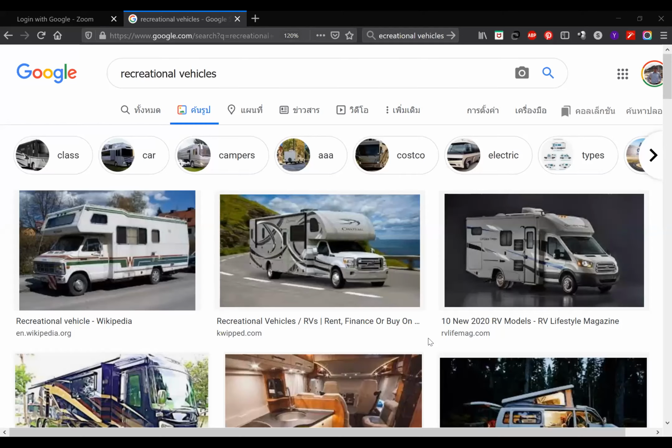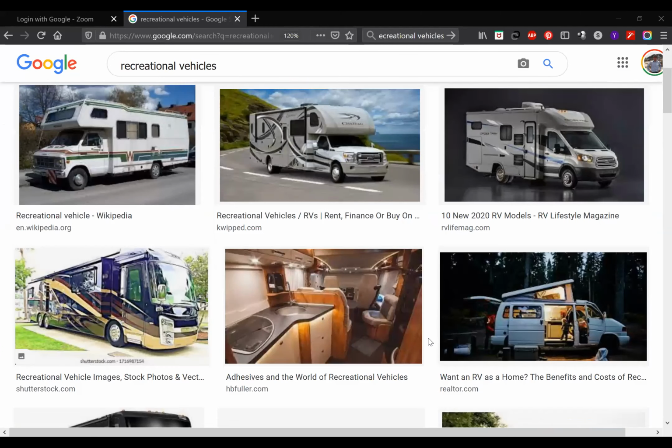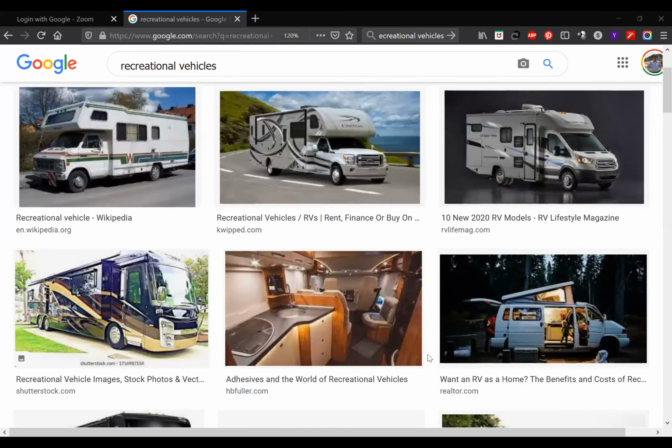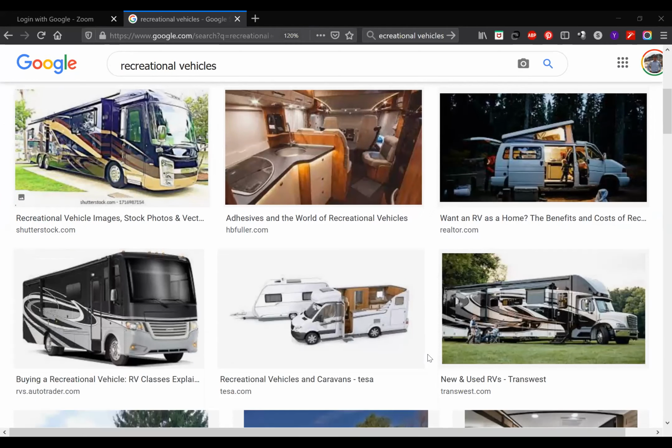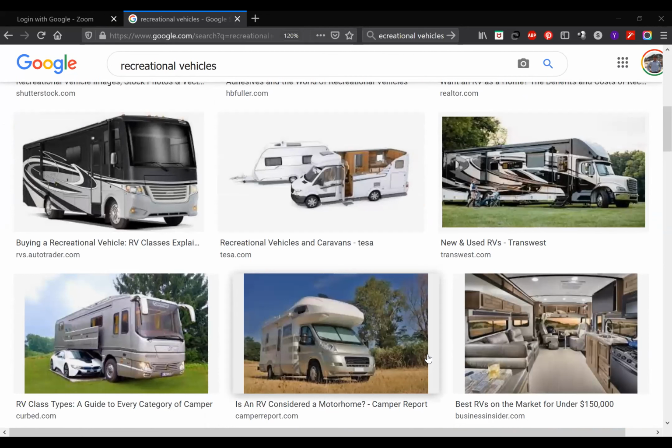So some of these trucks or RVs are very expensive. You can stay and travel like in a house, and you can cook anything.